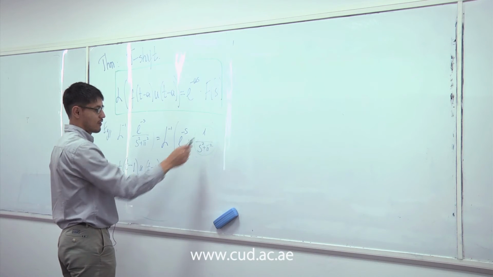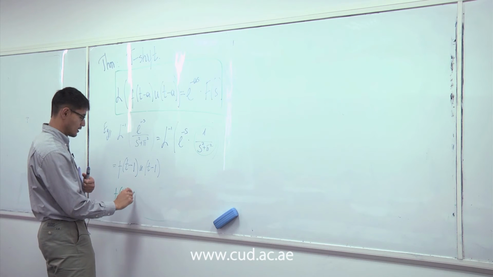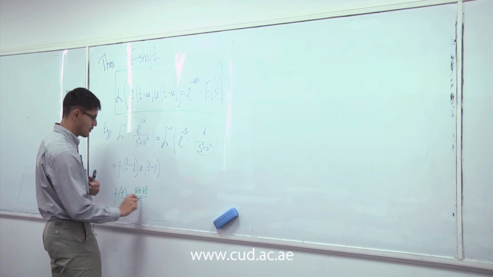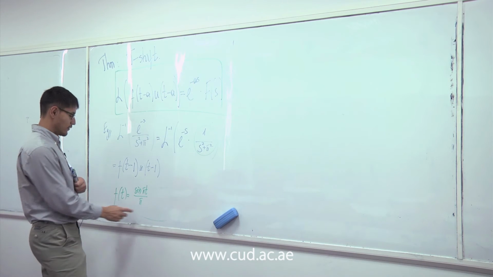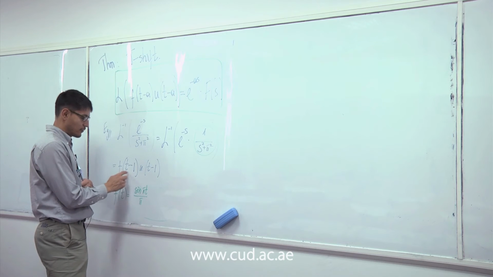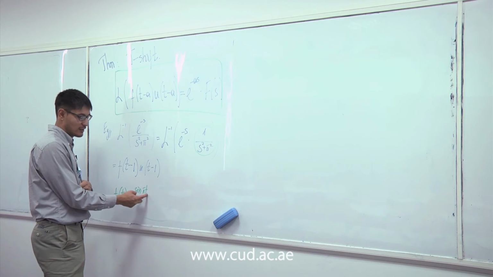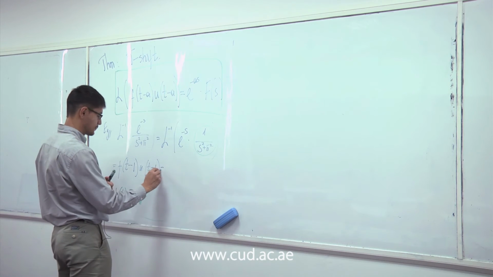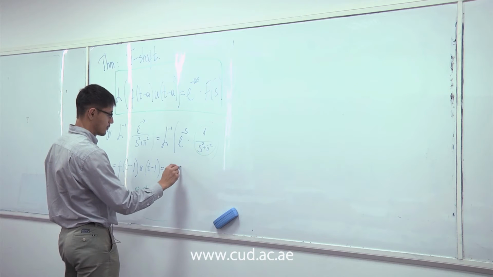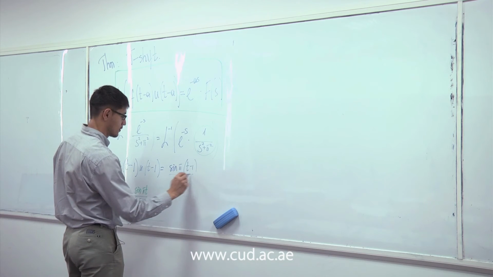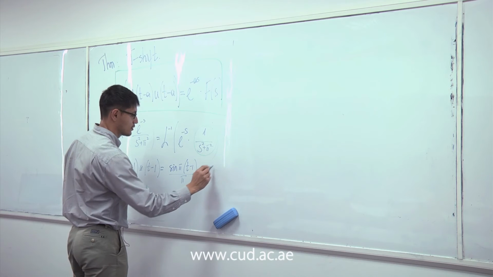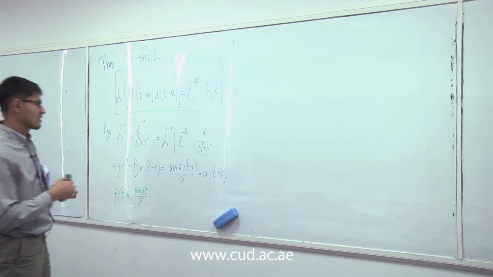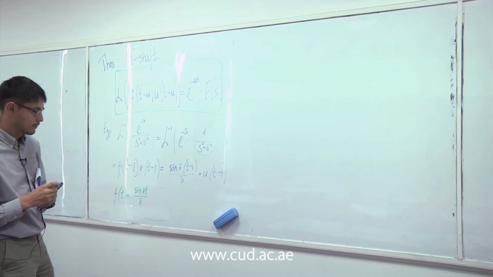And what's the inverse of this expression? It's sine pi t divided by pi. Okay? So f of t minus 1 would mean just replace t with t minus 1. And we'll get sine of pi times t minus 1 divided by pi times u of t minus 1. So that's our inverse transform.